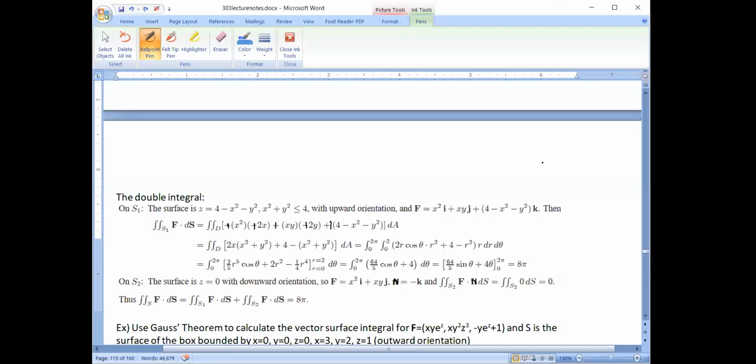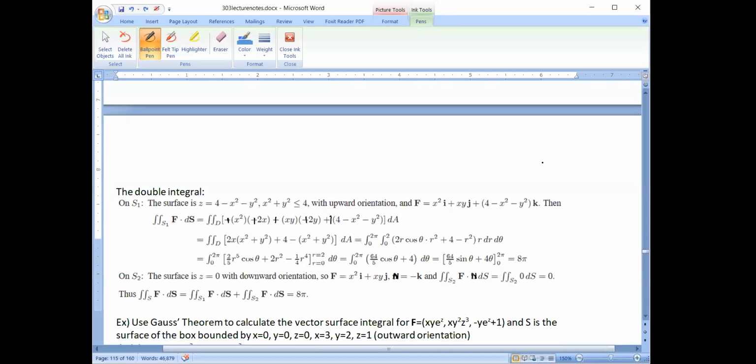Okay. So now let's just use Gauss's theorem to do a calculation. So in this case, we know one is harder, one is easier, and we're just going to convert directly. So use Gauss's theorem to calculate the vector surface integral for this vector field, where your surface S is the surface of the box bounded by x equals 0, y equals 0, z equals 0, x equals 3, y equals 2, z equals 1, with the typical orientation, which would be outward.